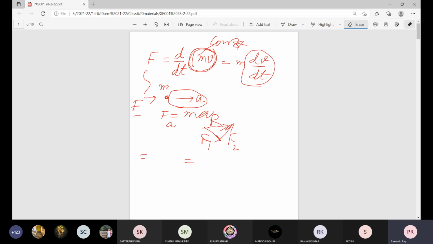Now try to add some little more spices. So what if it's a variable mass?